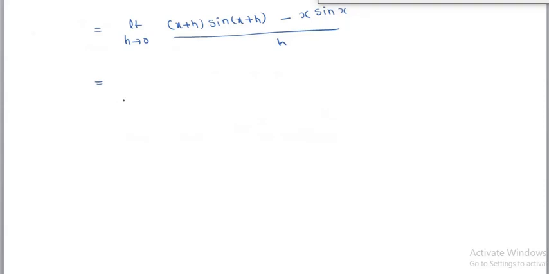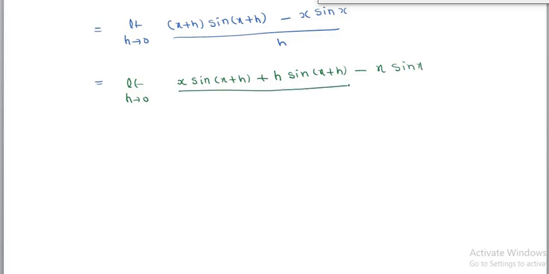So splitting the terms, limit h tends to 0, x sin of x plus h plus h sin of x plus h minus x sin x minus h sin h, divided by h. So what is the common term?